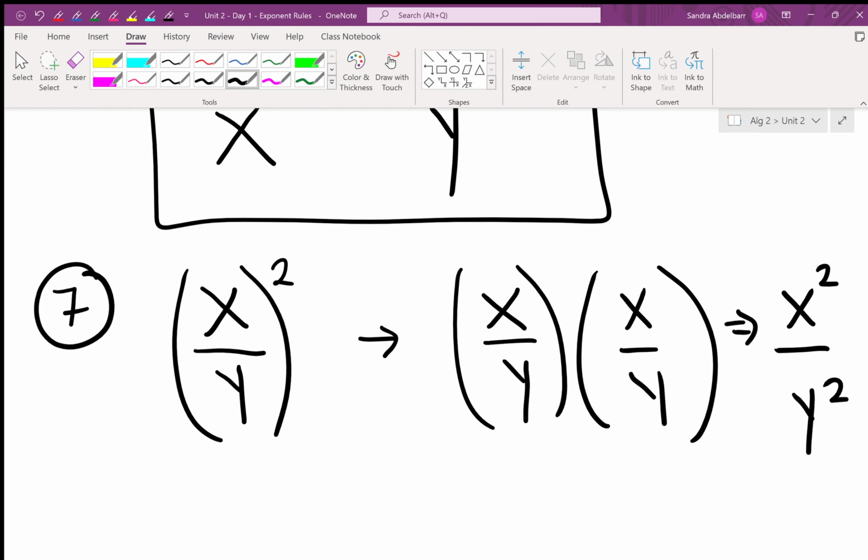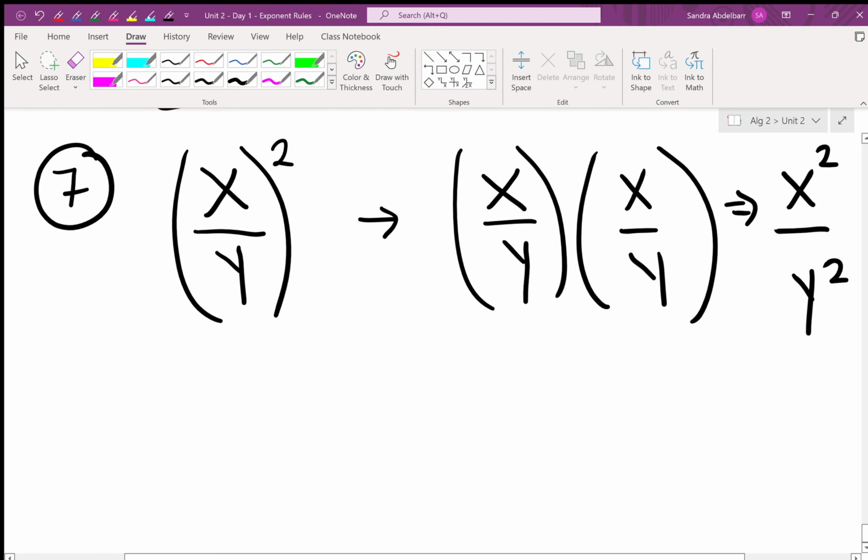We followed that process correct? All right, so what happens when a fraction is raised to an exponent? So essentially, x over y raised to the second power ended up with x squared over y squared. So what's happening when a fraction is raised to an exponent? The numerator gets that exponent, and what else? The denominator gets that exponent.